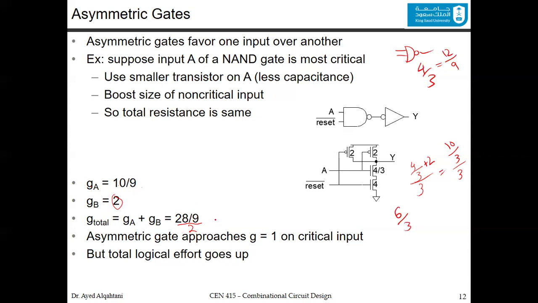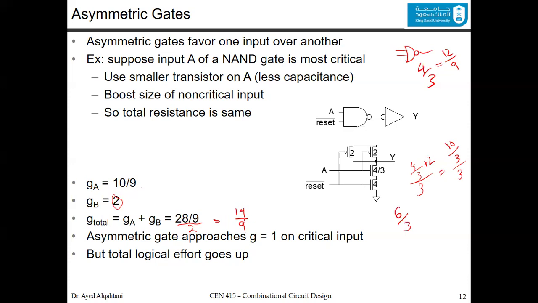So you divide the 28 by 2, and you get 14/9.